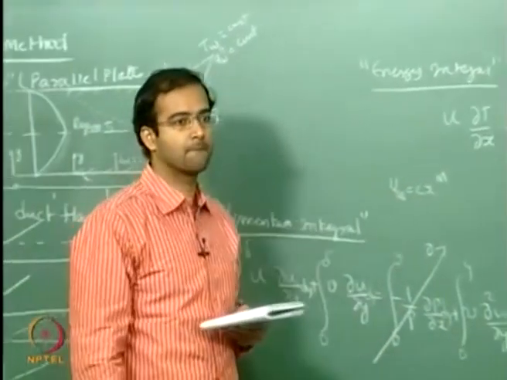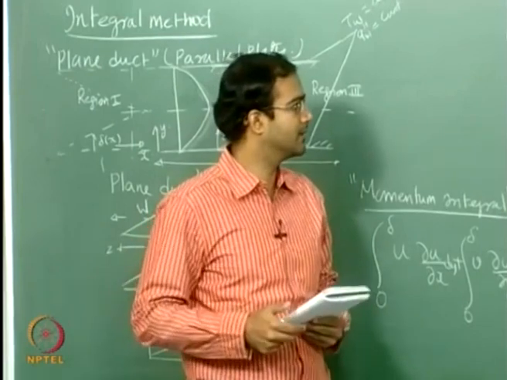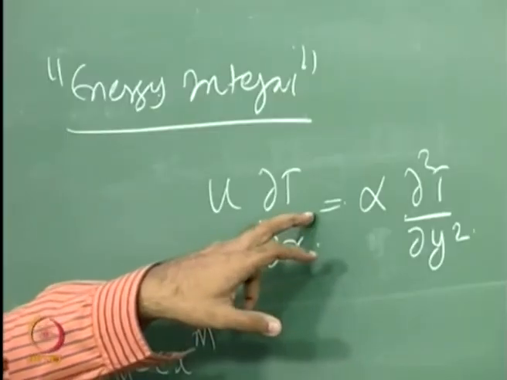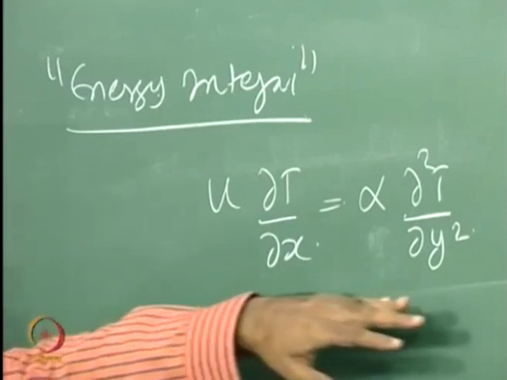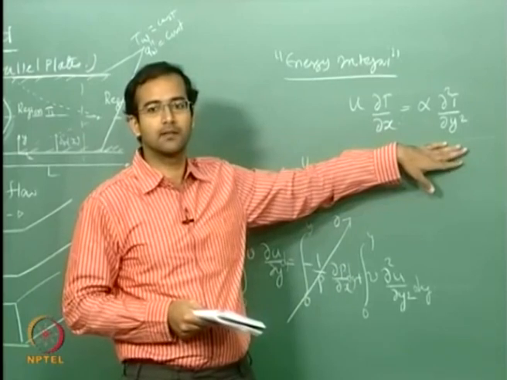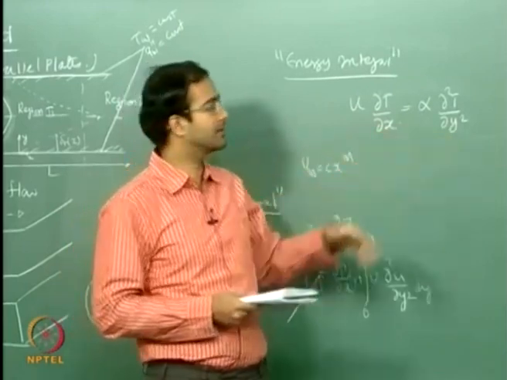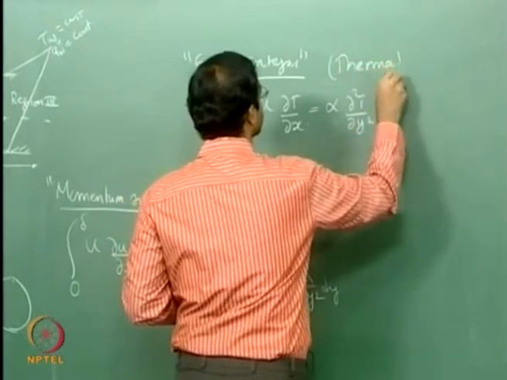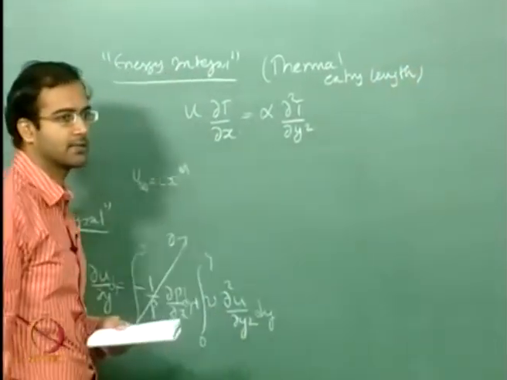We are neglecting the axial conduction term in comparison to the radial conduction, and also we are neglecting of course the radial velocities here. So these are some approximations with which we are writing the energy equation. We wrote this for the case where we have a thermally developing region. So this is the energy equation for thermally developing region or thermal entry length region, in the Cartesian coordinate system.